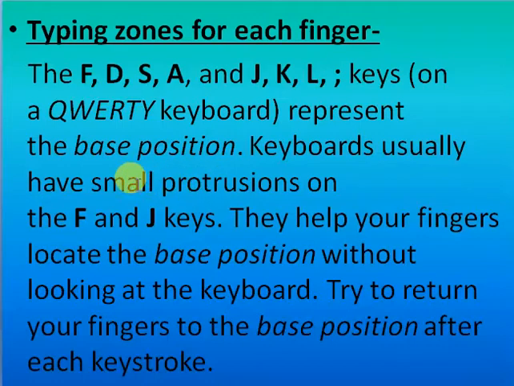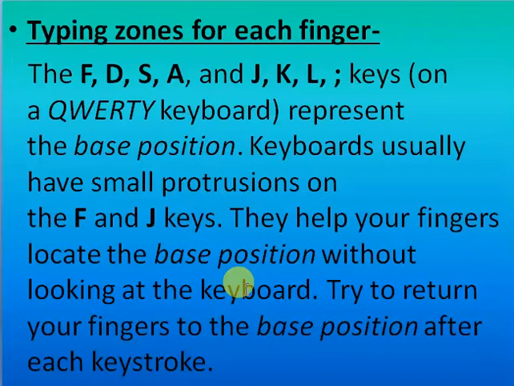Keyboards usually have some protrusions on the F and J keys. These help your fingers locate the base position without looking at the keyboard. When you look at the keyboard, the F and J keys have small bumps.